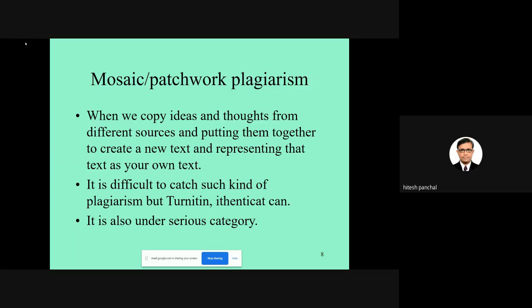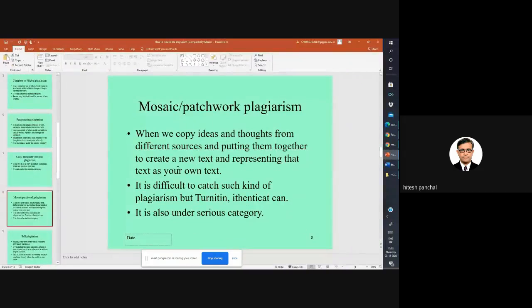This mosaic or patchwork plagiarism also comes under the serious category. To explain it, I have a video. Give me 1 minute, and I will show you the video so you can understand mosaic or patchwork plagiarism very clearly.